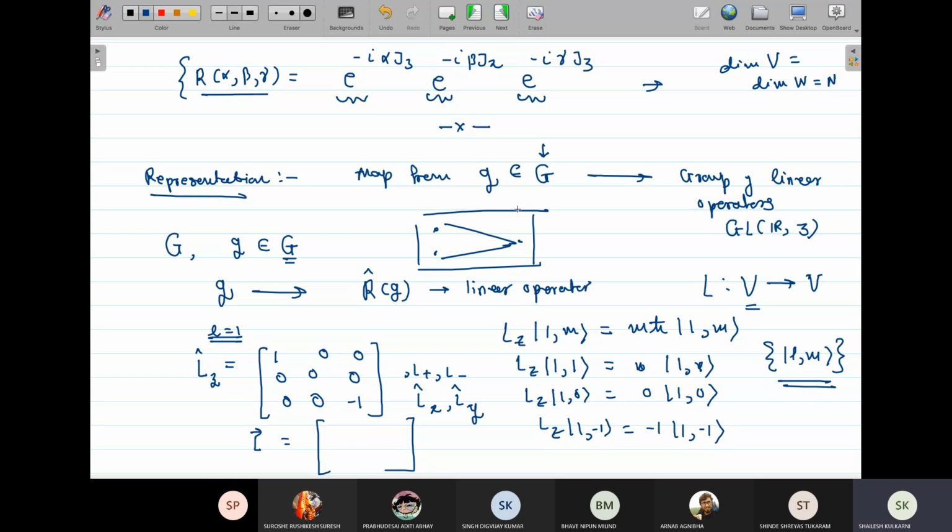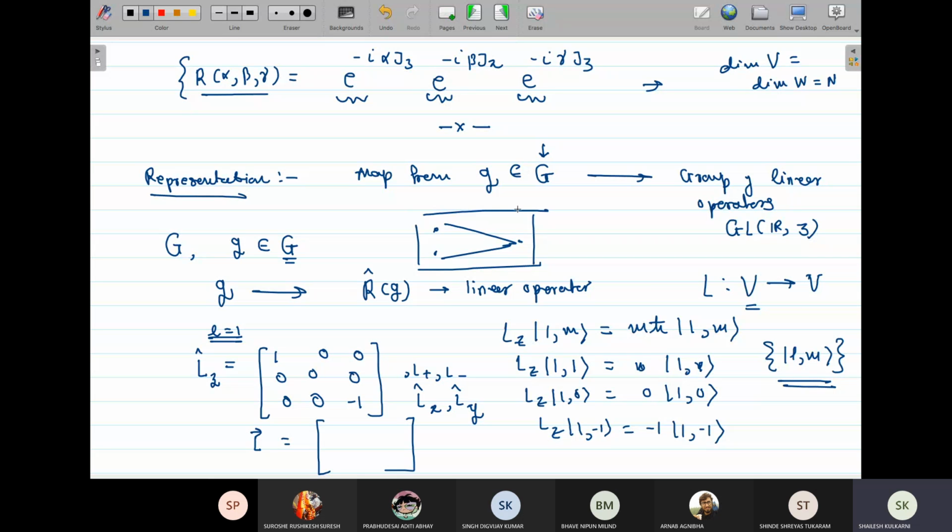For a group to be isomorphic with some other group, we should have 1-to-1 mapping. Otherwise, we will call it homomorphic. You must have heard these words in your MMP1 class. I have here a 2-to-1 homomorphism between SO3 and SU2.